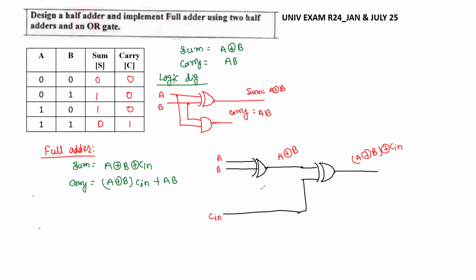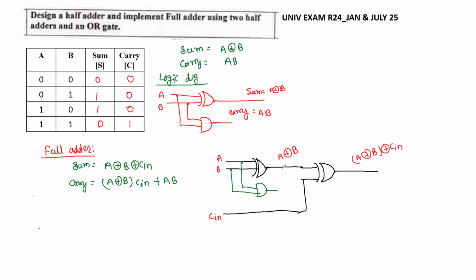Now for the carry, what is required here? An AND gate is required. The inputs of this AND gate are A and B, so the output here is AB. Finally, this goes to an OR gate with the other term.